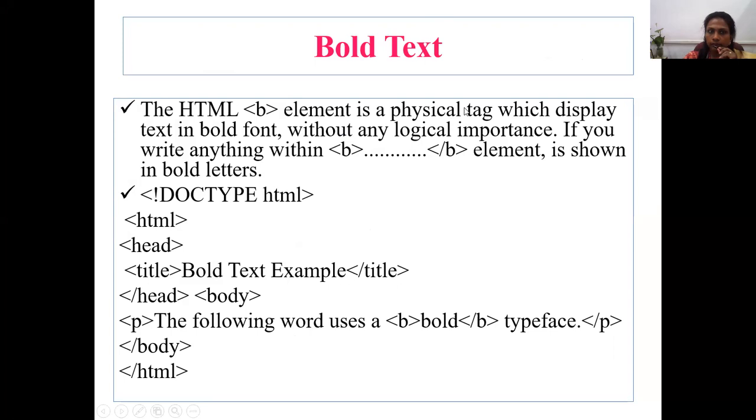It's a physical tag which is used to display text in the bold font. Here I have given the B tag to start bold, and then we have slash B. This represents that any text given between the B tag and slash B will be represented as bold text. This example also we will execute and check.